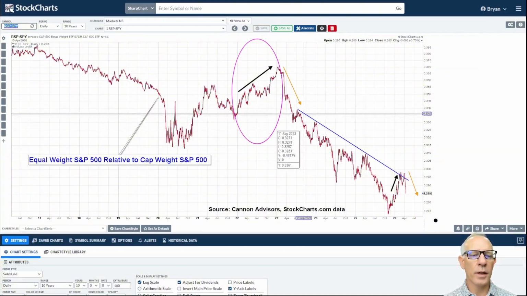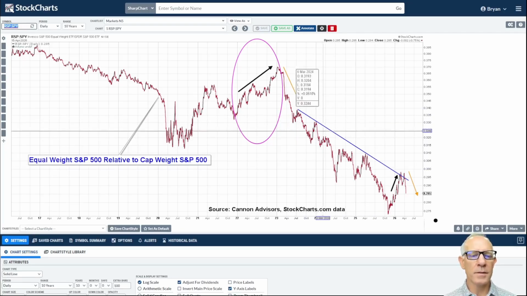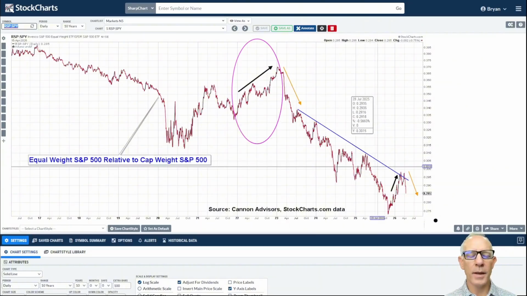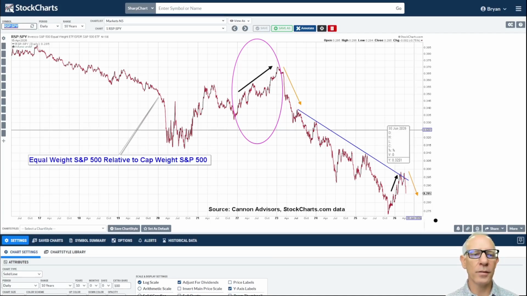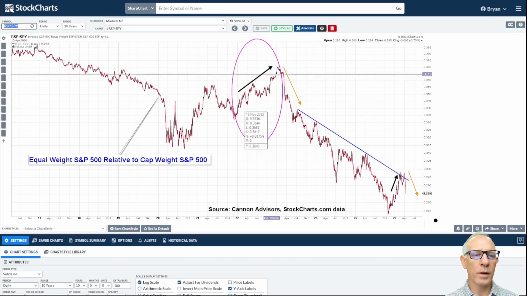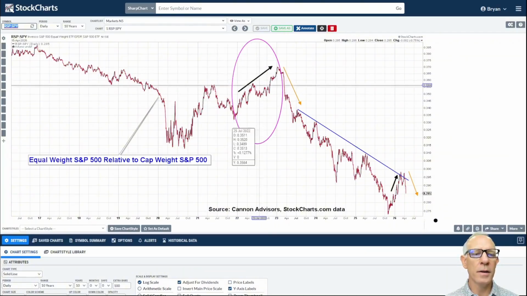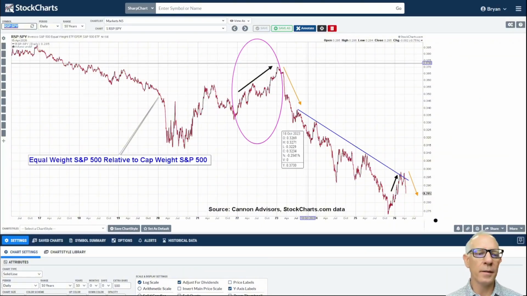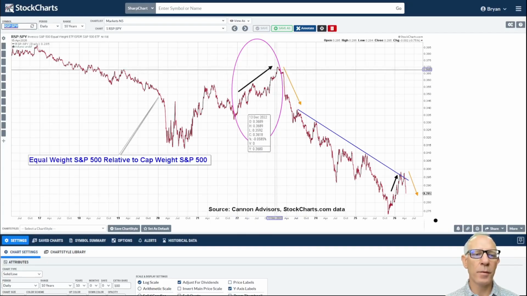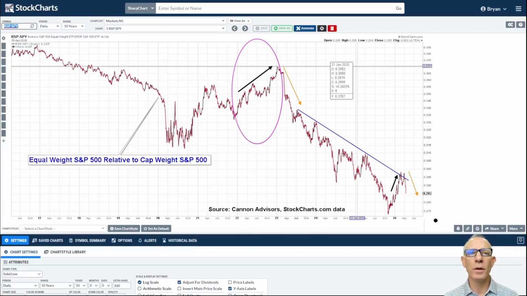When this relationship heads down, it means that the S&P cap-weighted is outperforming the S&P equal-weighted, meaning it makes sense to be concentrated in the largest stocks within the S&P 500. As an example, going back to 2022 when the S&P 500 was down roughly 20%, you can see that the equal-weighted performance outperformed the cap-weighted performance, meaning it made sense to spread your risk around a lot more companies.